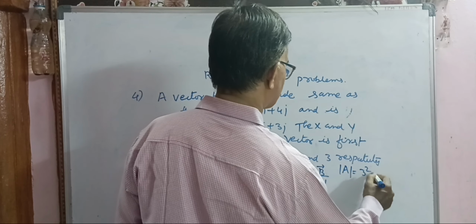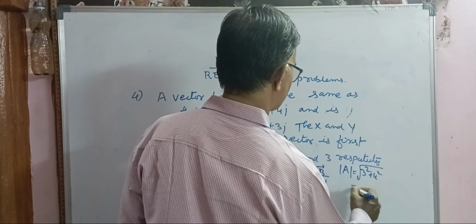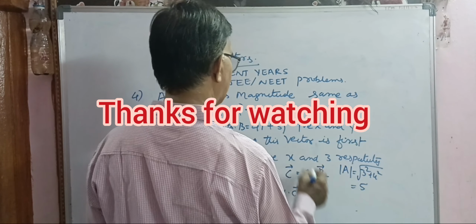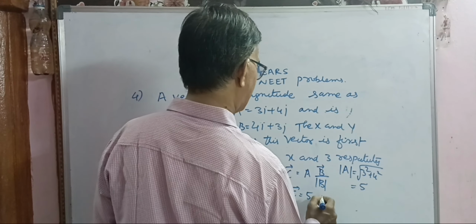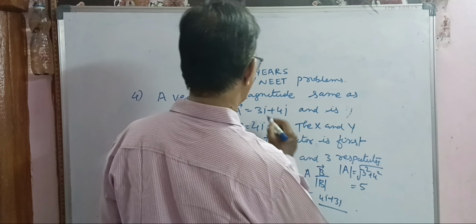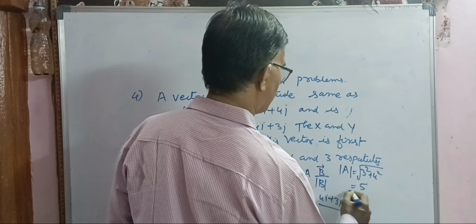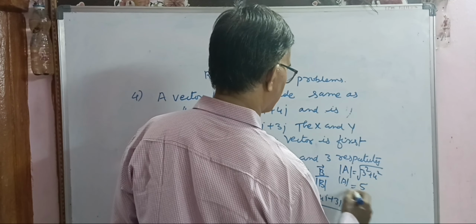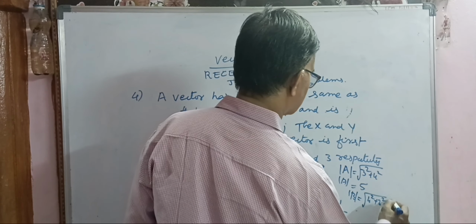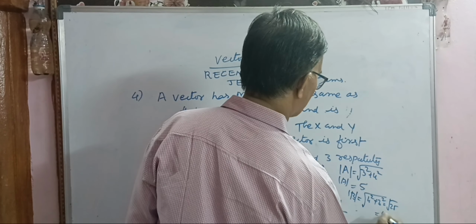Modulus of A is the square root of 3 square plus 4 square, which is equal to 5. Okay, that is 5 into B vector, 4i plus 3j, by magnitude of B. Magnitude of B is also the same: the square root of 4 square plus 3 square, that is 25, which is equal to 5.